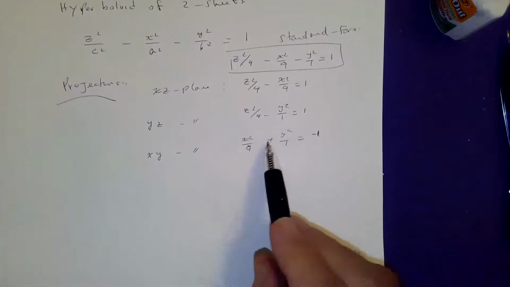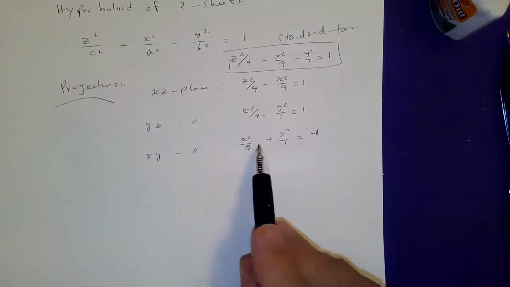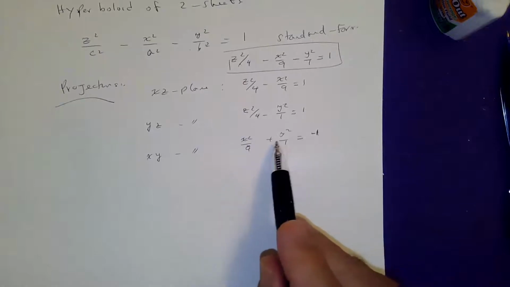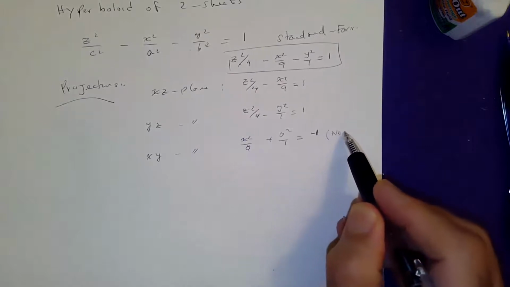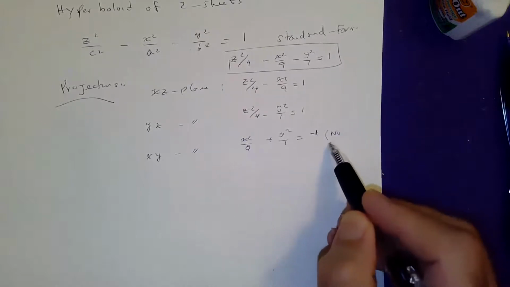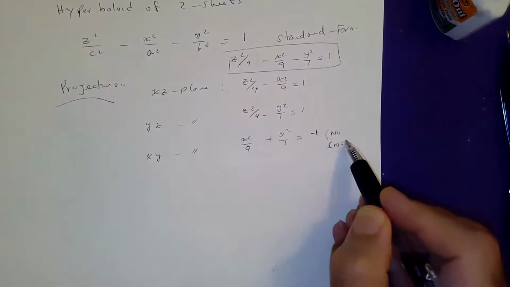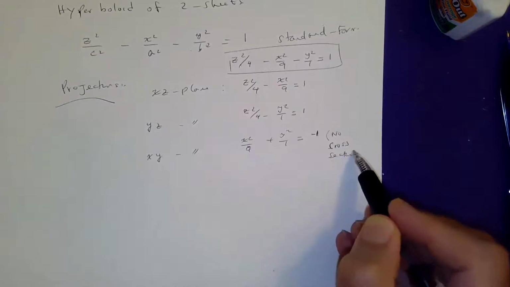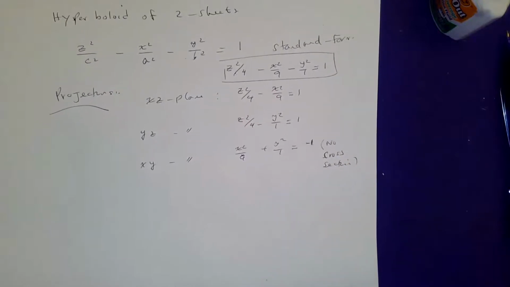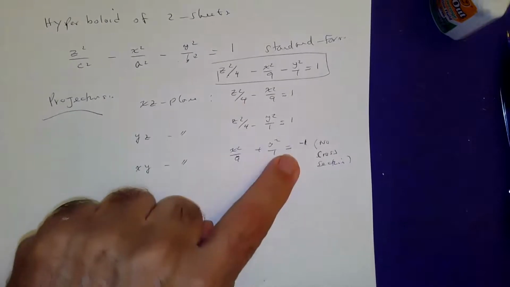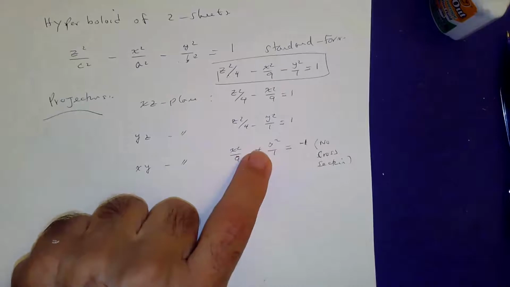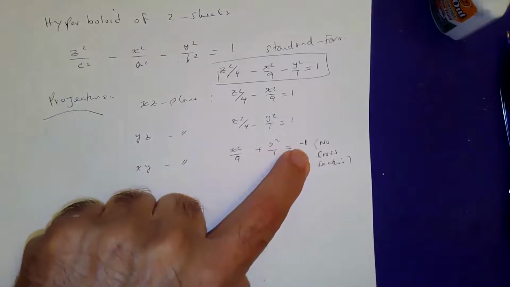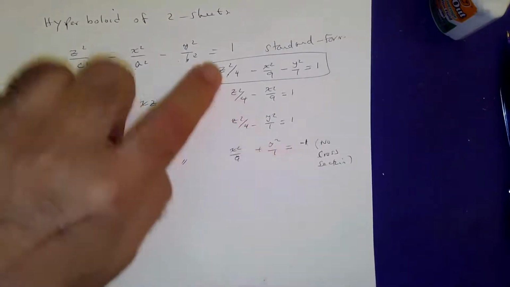Because you're squaring two numbers, the sum of the squares of two numbers cannot be -1, so there is no cross section here. There is no shadow on the floor. Because this doesn't make sense. When you add two positive numbers, you can't possibly come up with -1.